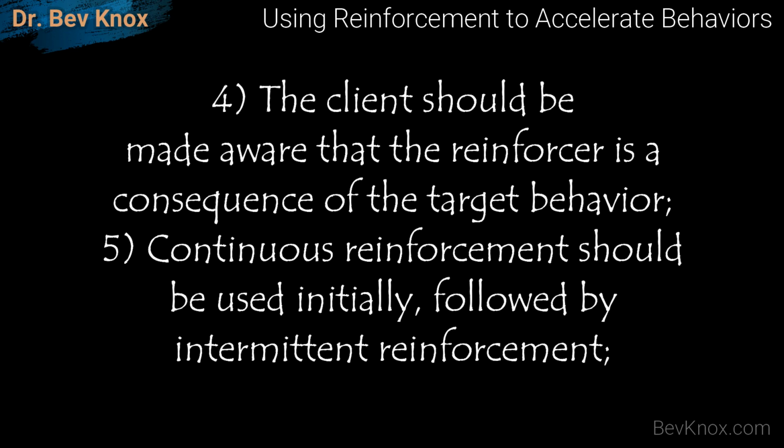The simple way to do this is to tell the client the reason that the reinforcer is being administered. This makes the contingency between the target and the reinforcer explicit and helps the client remember the consequence, which is important because reinforcement affects the future performance of a behavior.